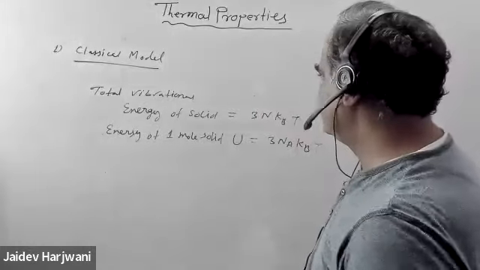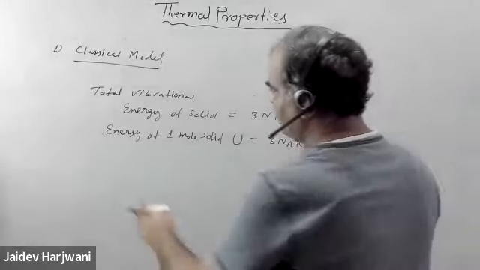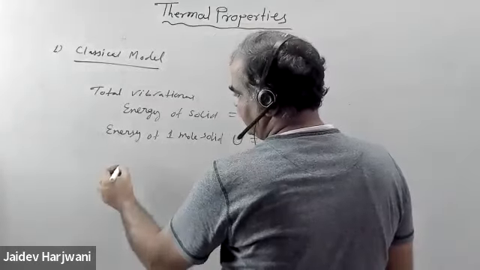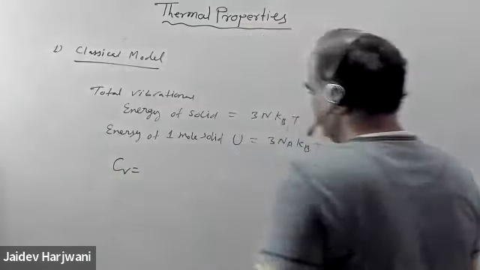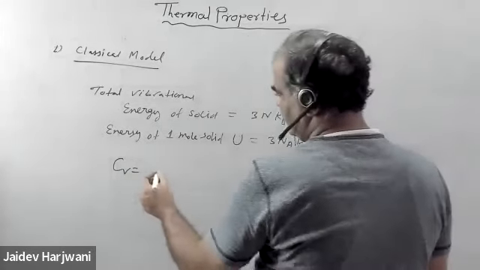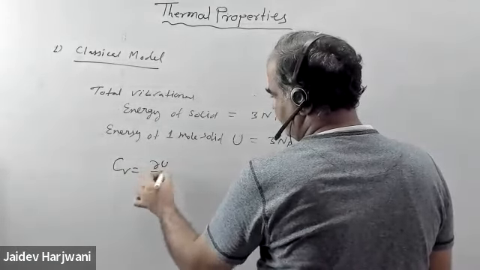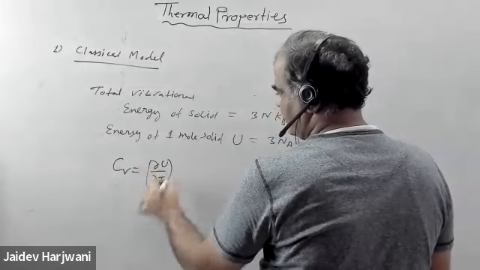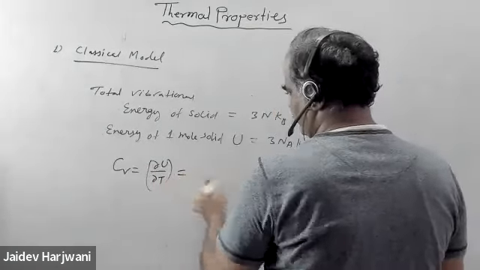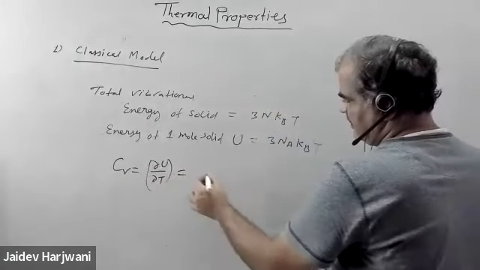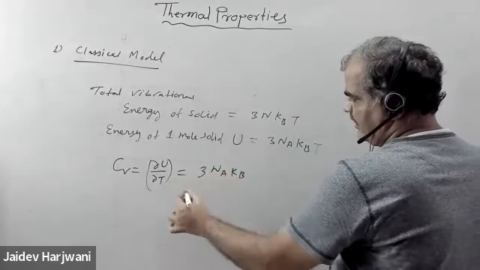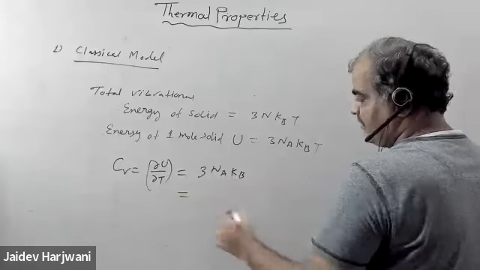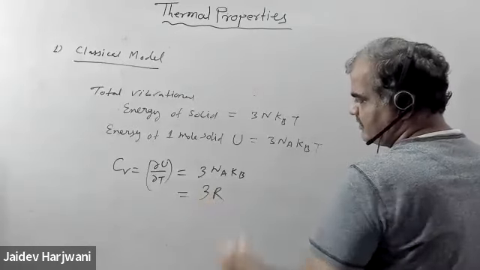Now if I want to write the specific heat, what will it be? Specific heat will be del U upon del T, the variation with temperature. If I divide by temperature, this will give you 3 Na kb, and 3 Na kb is equal to R. So this becomes 3R.